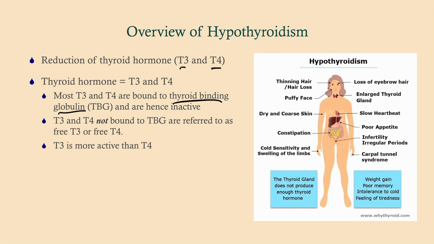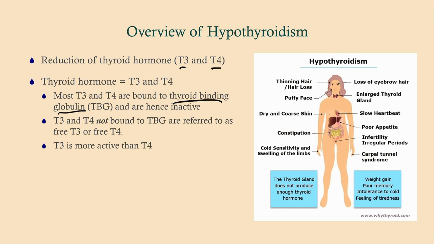Thyroid hormone is not water soluble, so it needs to be carried by a protein. Now, as it's bound to thyroid binding globulin, it is inactive. So often we will measure free T4 because that is the active T4.